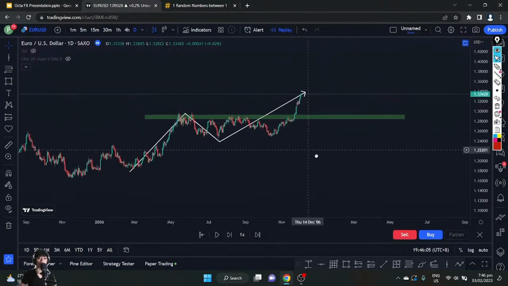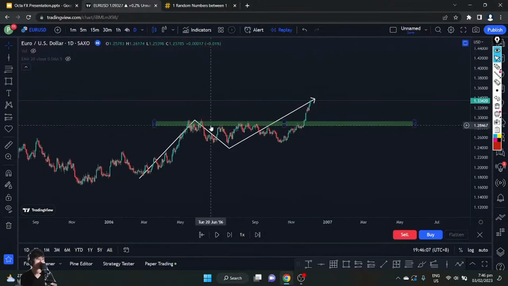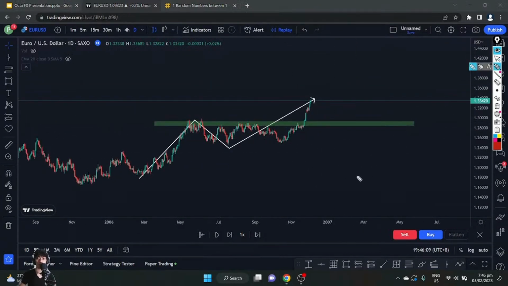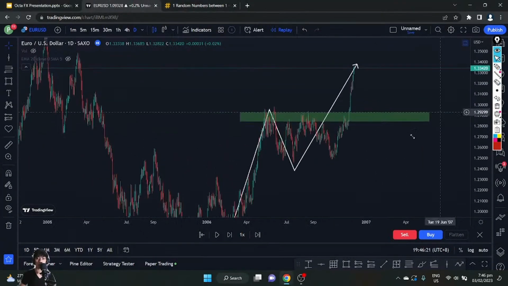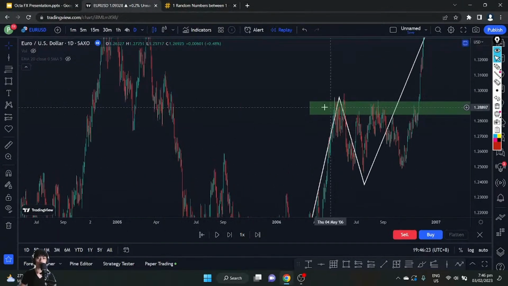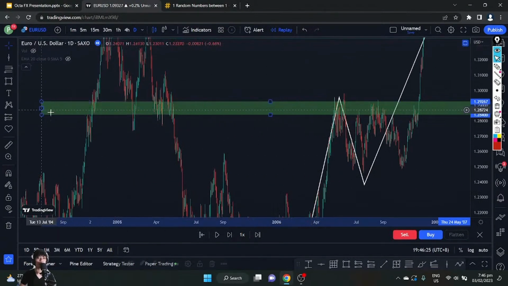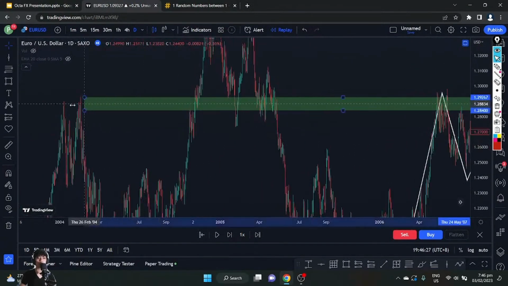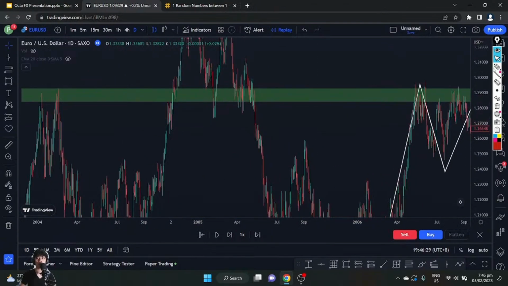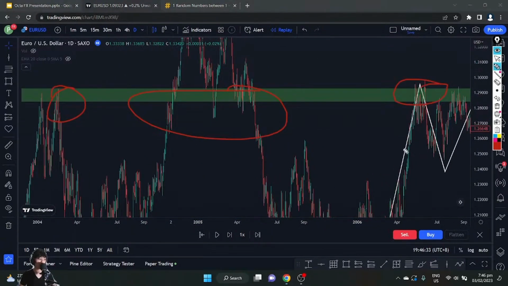So now that we know that this is the most recent level, again, to recap, we need to locate our 1, 2, 3 first, and then we should look at the most recent level, which is our previous one. Okay. So now that we know that, we should look if this was touched multiple times before. And true enough, we can see that it was tested 1, 2, and 3 times.